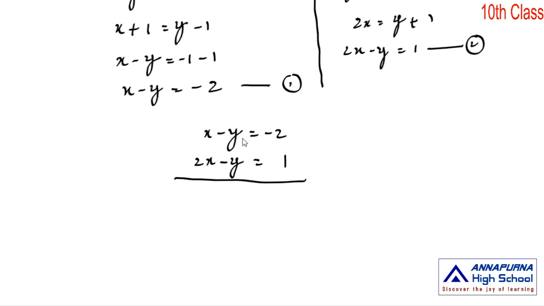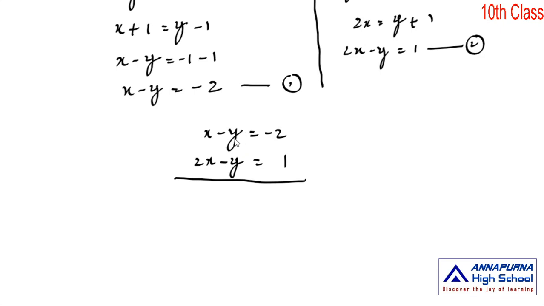Already numerically the y coefficients are equal. Here the y coefficient is 1. So the y coefficients are equal. So that's why it is better to eliminate y from these two equations. Okay, so to eliminate the y term from the two equations, you do addition or subtraction. That means we add these two equations or subtract one equation from the other equation.